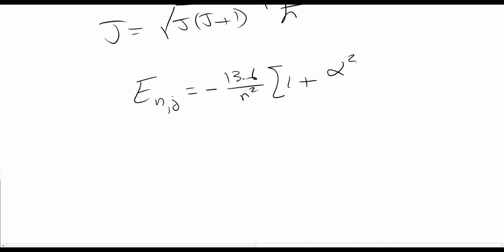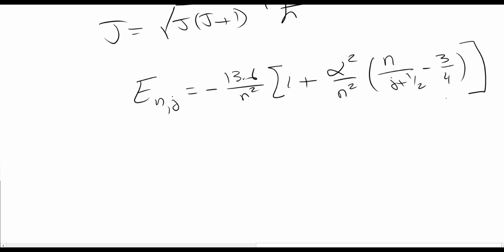Plus alpha squared, and that's another interesting parameter, divided by n squared in this case, times n over j plus 1 half minus 3/4. Wow, it's an expression that you have to look up to write it down. N and J we know what they are, they are the energy levels.